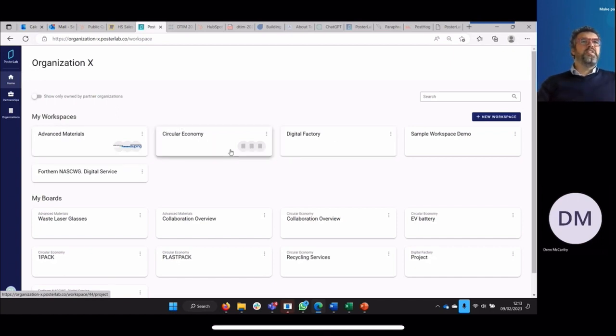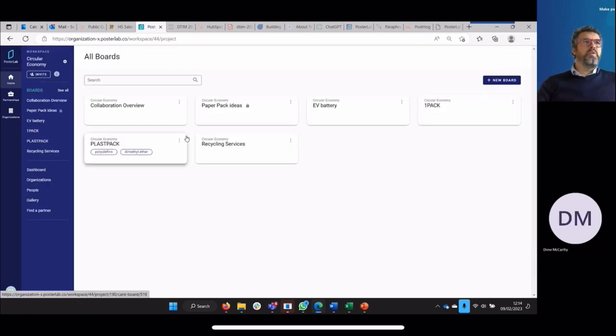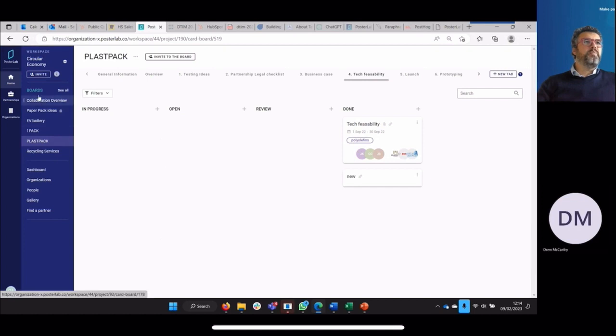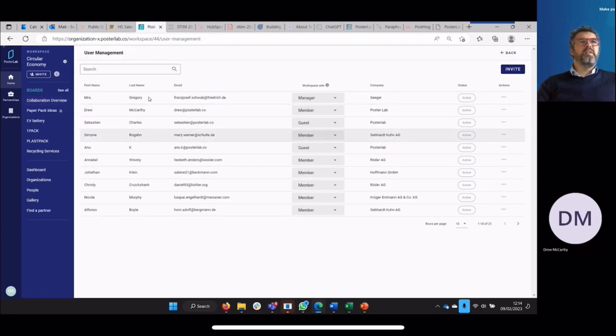So, for example, you see 3 themes. I'm going to go into the circular economy one. And in the circular economy one, this is a space up here. When I click here, I can see the different people that have been invited to this space. So I can also control who can access what, and who can do what in the specific workspace.